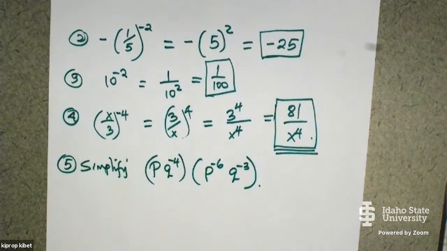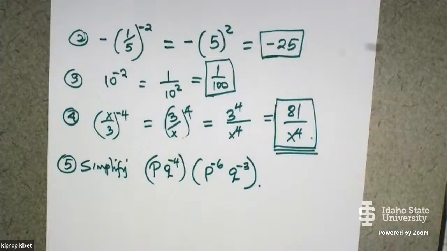Now, if you're given something like that and told to simplify, how do we go about it? We actually need to remove these brackets, and this is multiplication, right?